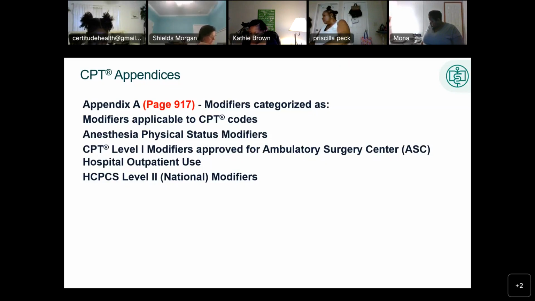Appendix tab. Yes. Well, I got Appendix A to B. That's what I need to use. Yeah. Okay. Yep.